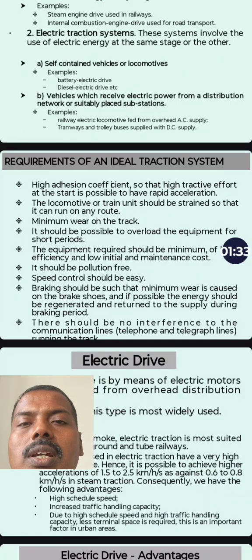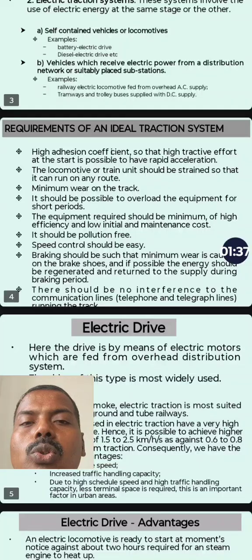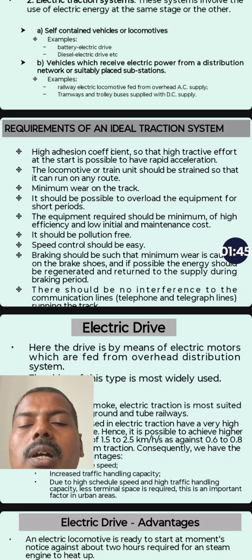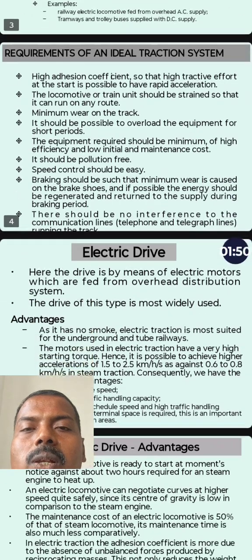Self-contained means a battery electric drive or diesel electric drive. Electric energy from a substation means a railway electric locomotive fed from the overhead AC supply, and tramways and trolley buses supplied with DC supply.